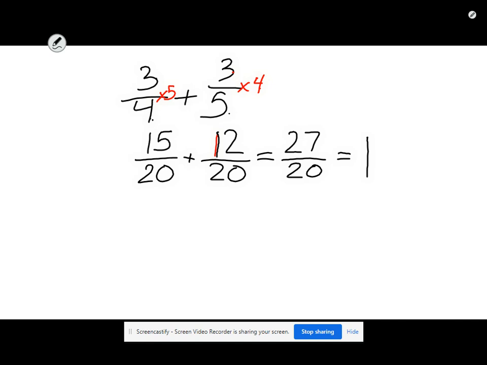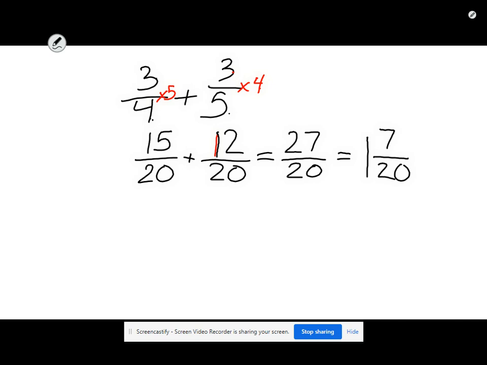How many are left over, Tristan? 7. 7 are left over. What do I do with that 7? That remainder becomes my new what? My new numerator. Denominator stays the same.